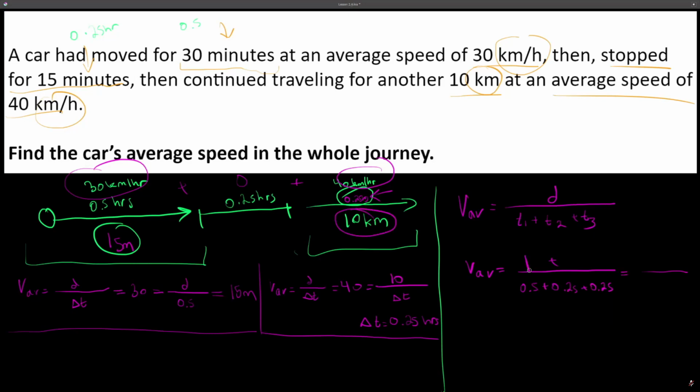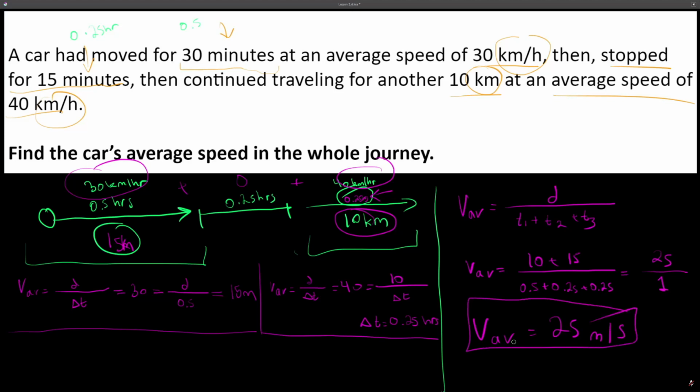This is distance. So 10 plus 15, not meters, kilometers. And then we get 25 over 1. So the average velocity is equal to 25 meters per second. And we don't mention the direction, of course, because it's asking for the average speed, not the average velocity.